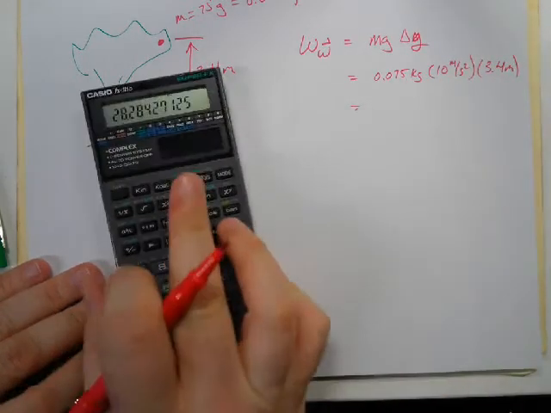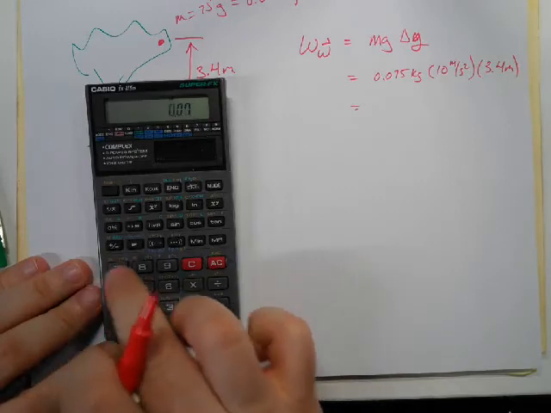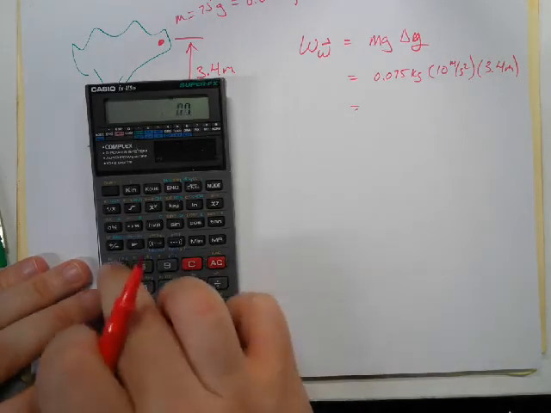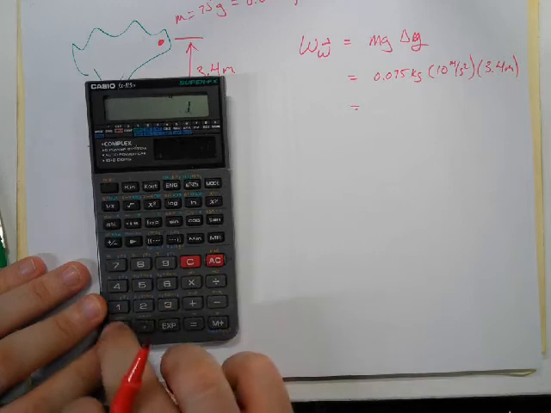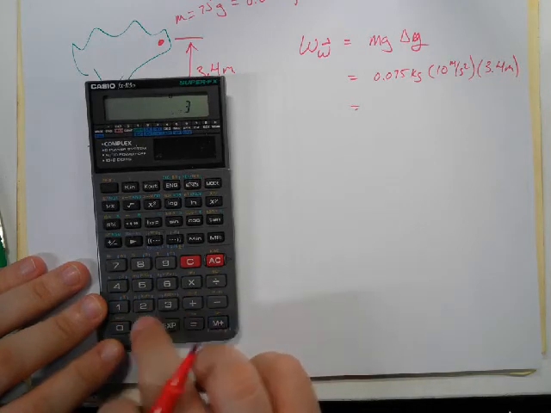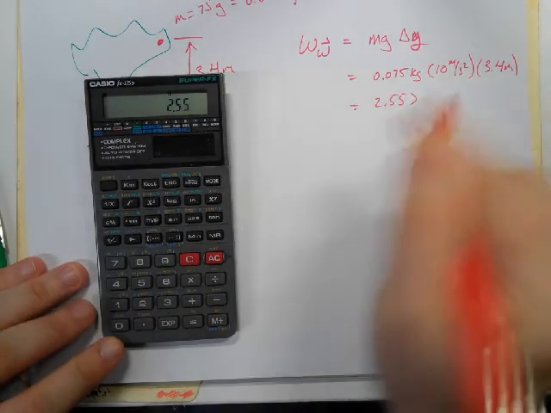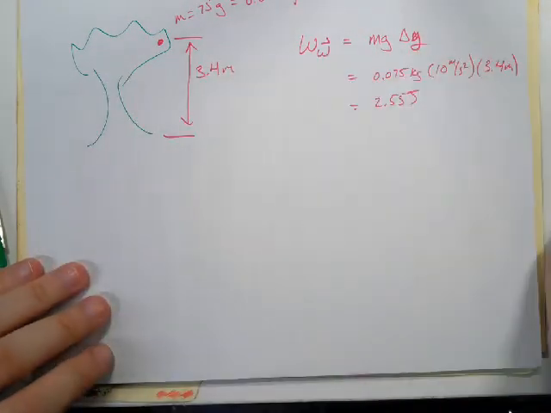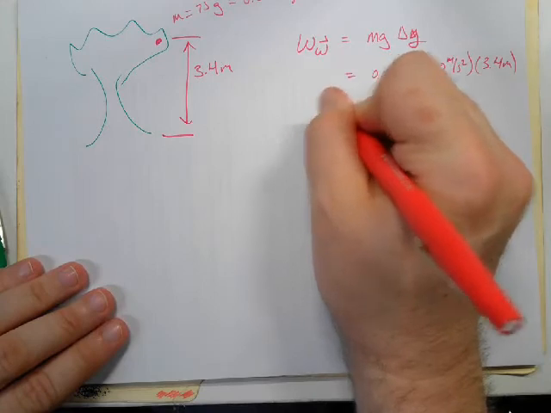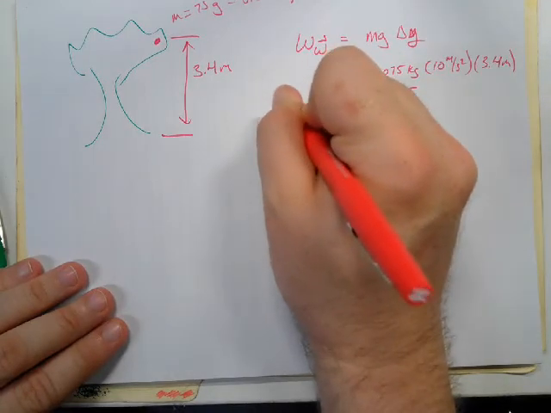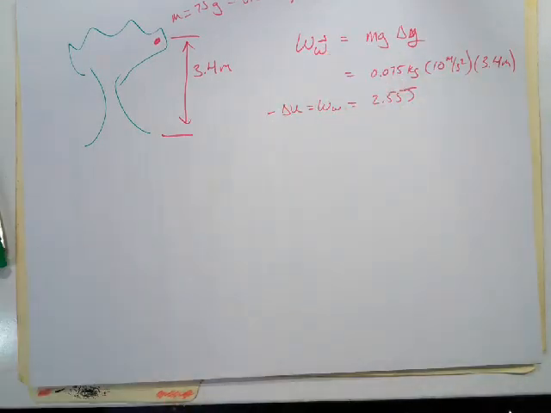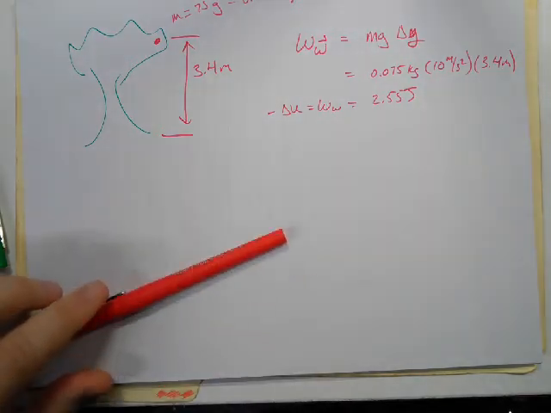All right, so 0.075 times 10 times 3.4 is 2.55 joules. And that is the inverse of the change in potential energy.